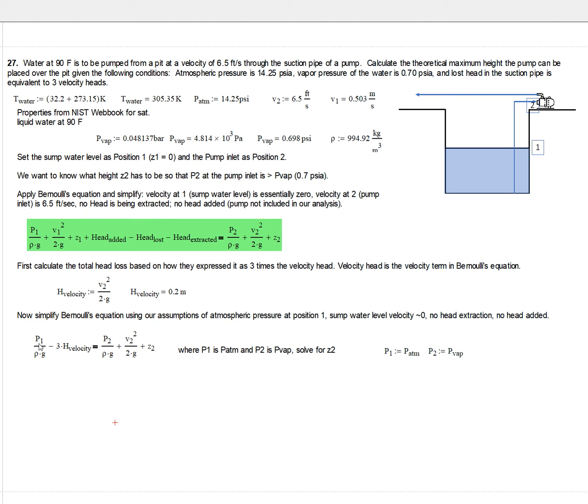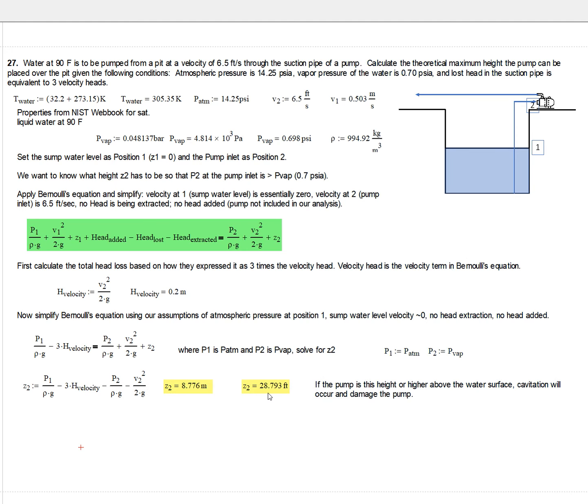Now I've got my P1 term, I've got my 3 times velocity head for my head losses, P2, V2, Z2. Notice I set P1 equal to the atmospheric pressure. I set P2 equal to the vapor pressure of water, 0.698 psi. We can solve for Z2.